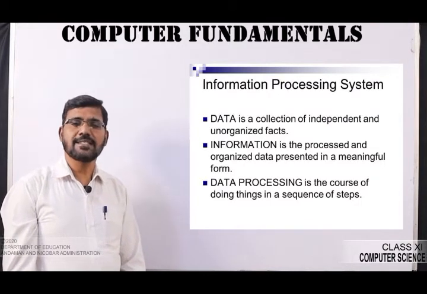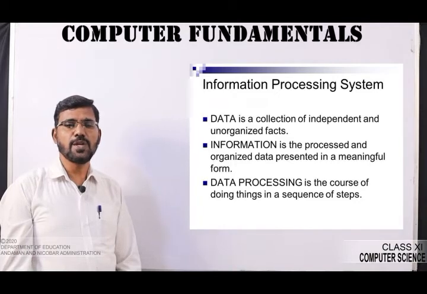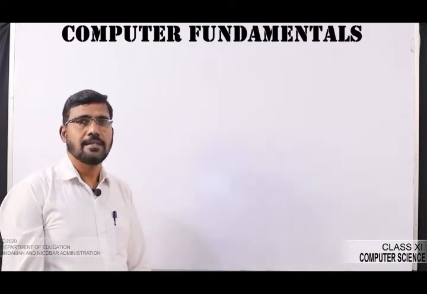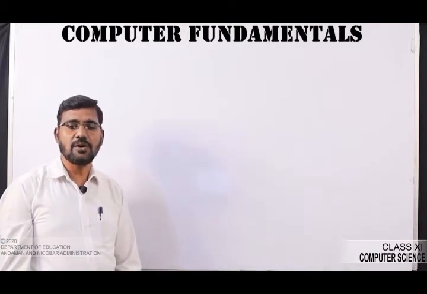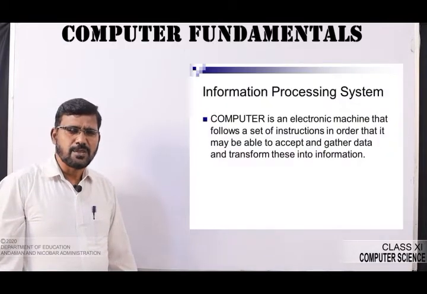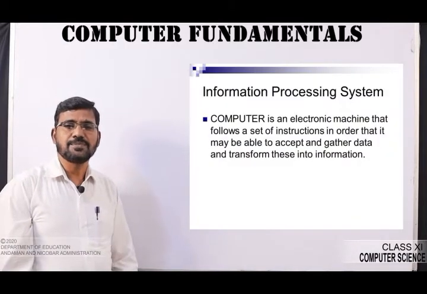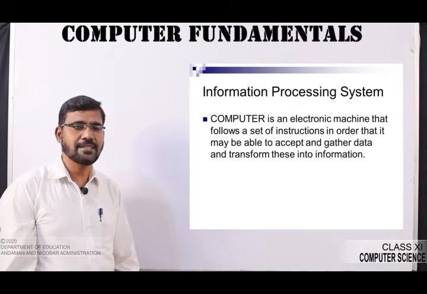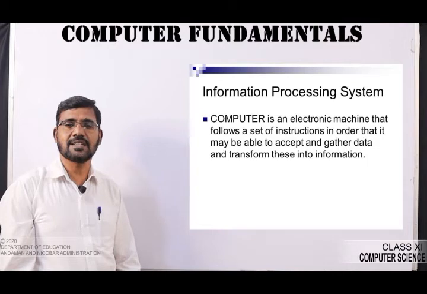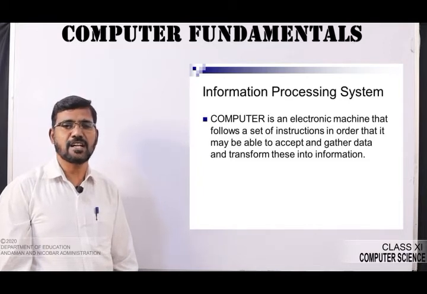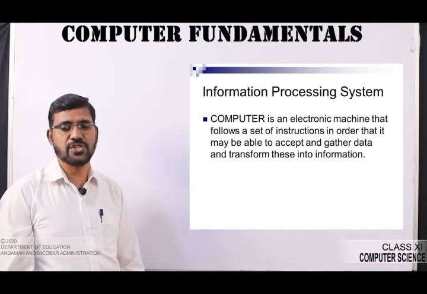So, data processing is a course of doing things in a sequence of steps. You remember that, a sequence of steps. An information processing system, that means the computer, is an electronic machine that follows a set of instructions so that it may be able to accept and gather data and transform it into information.